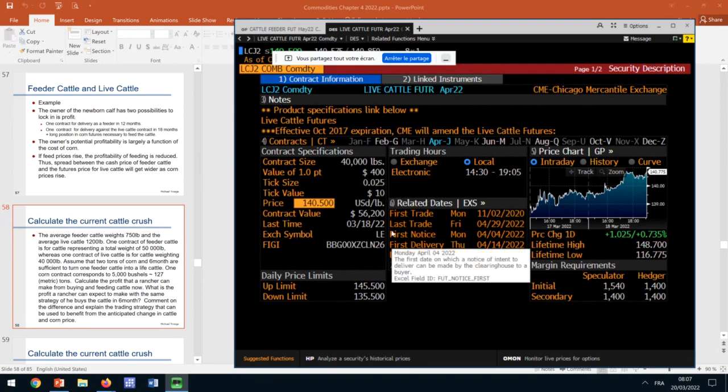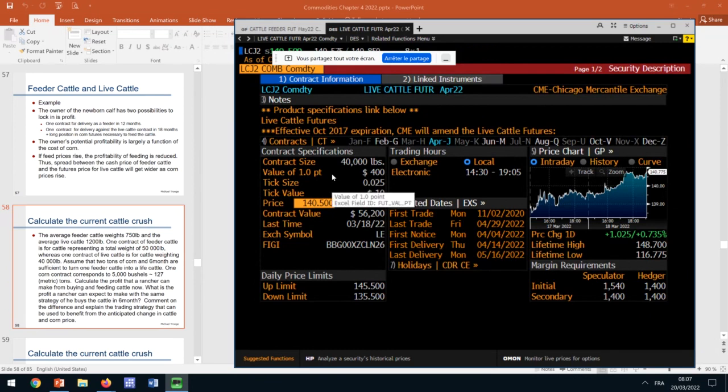Well, you will see why in a minute. And the prices again in pence per pound. Here, US dollar per pound. It's not dollars, it's pence actually. And the current price is 140.